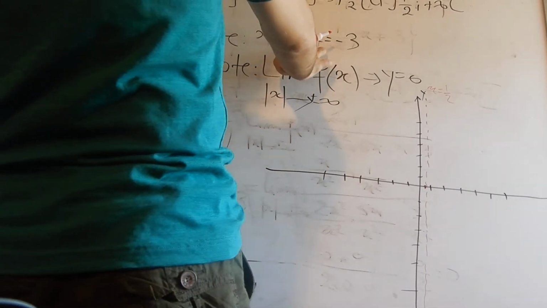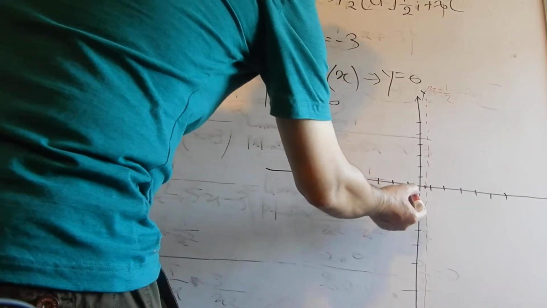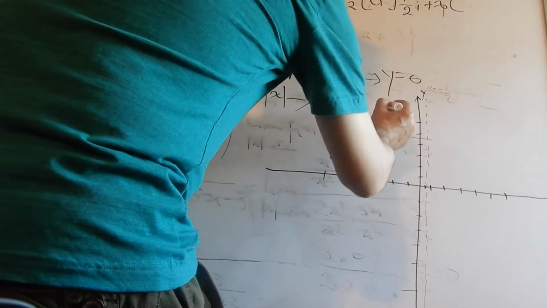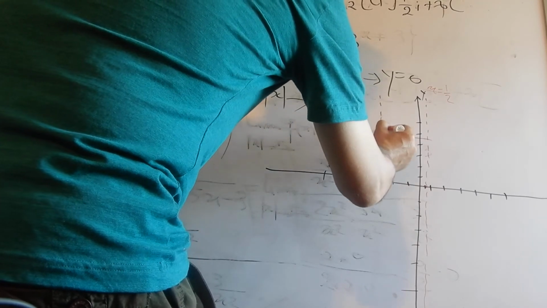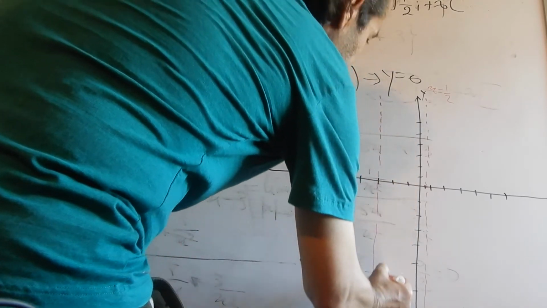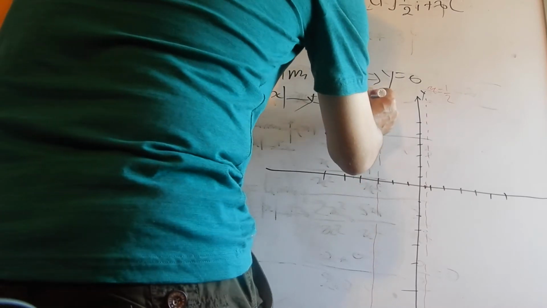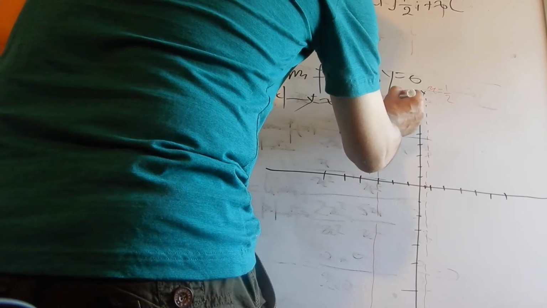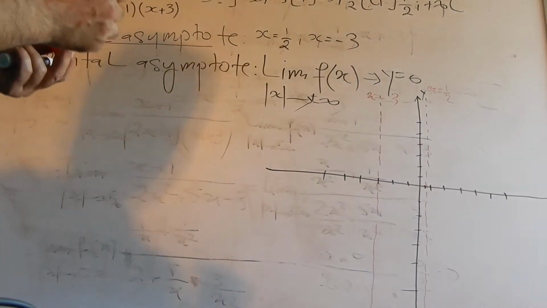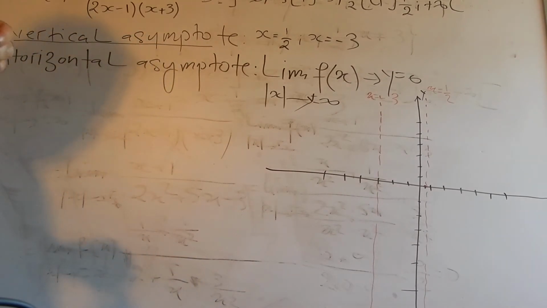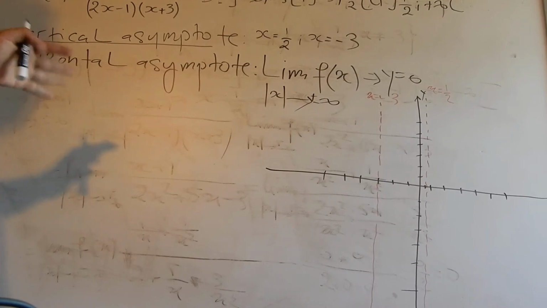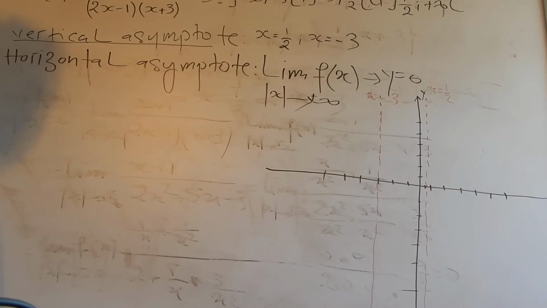And I have another vertical asymptote, x equals minus 3: 1, 2, 3, so right here. Now I'm going to look at whether the graph can cross the y and the x axes.